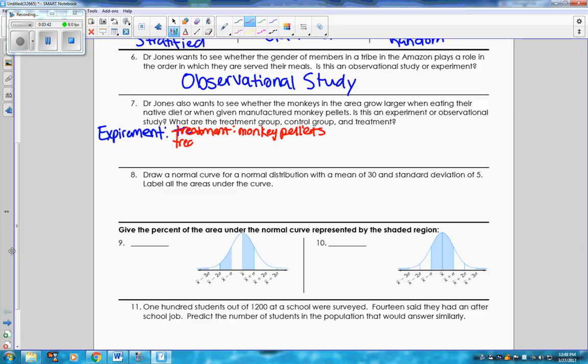The treatment group are the monkeys that are given the pellets. And then the control group are the monkeys that are given their natural diet.